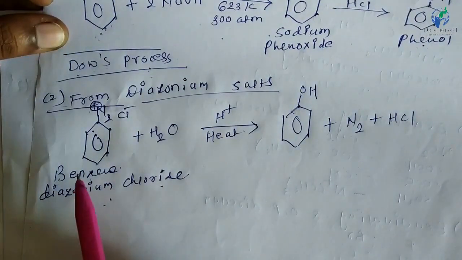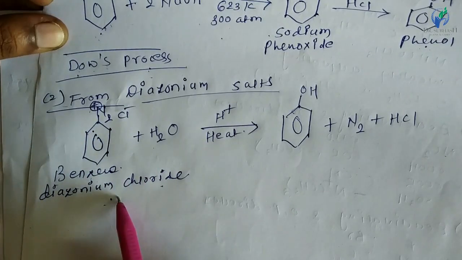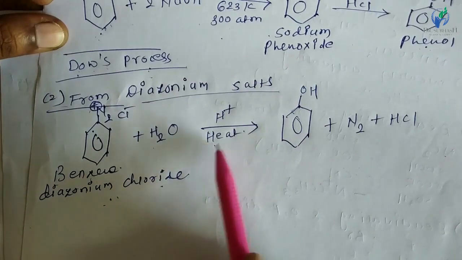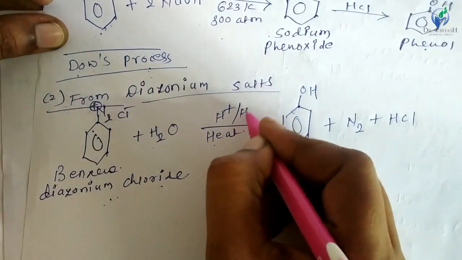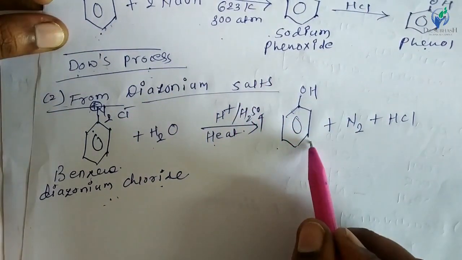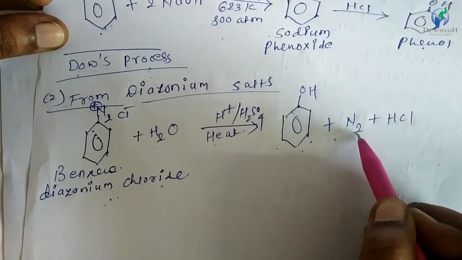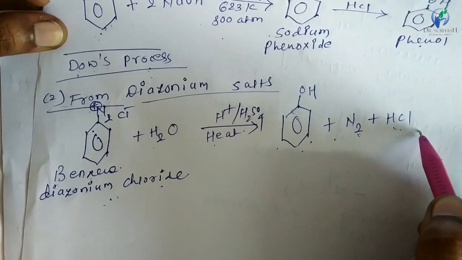So when an aqueous solution of benzene diazonium chloride is added slowly to a large volume of boiling dilute sulfuric acid, then phenol can be prepared. With phenol, it releases nitrogen gas and also liberates hydrochloric acid.